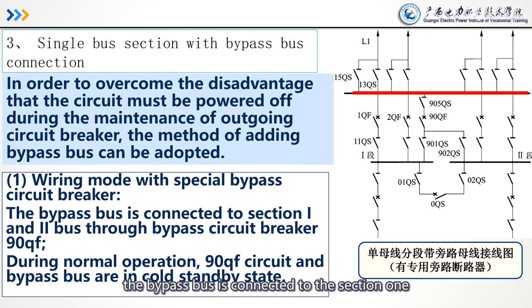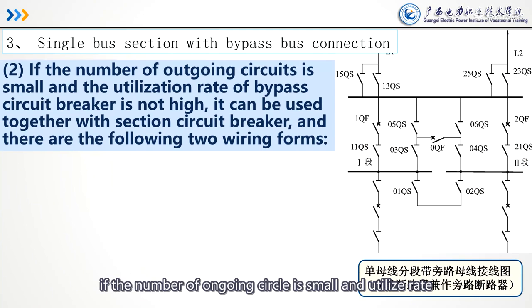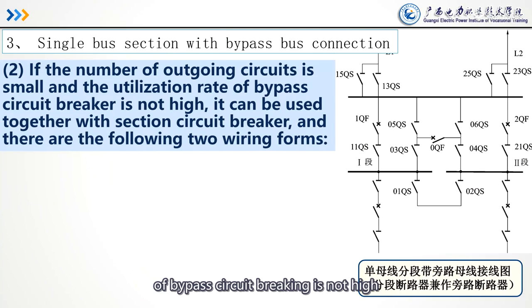The bypass bus is connected to the section 1 and 2 bus through bypass circuit breaker 90 kV. During normal operation, the 90 kV circuit and bypass bus are in cold standby state. If the number of outgoing circuits is small and the utilization rate of bypass circuit breaker is not high, it can be used together with section circuit breaker.